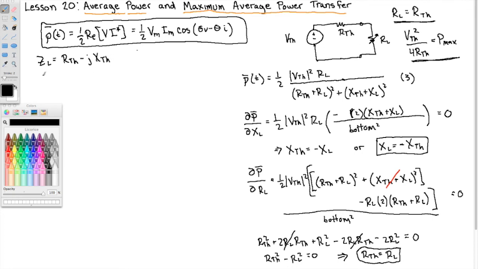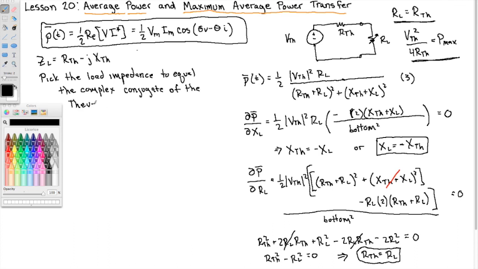That is, pick the load impedance to equal the complex conjugate of the Thevenin impedance for maximum average power transfer. What a beautiful result.